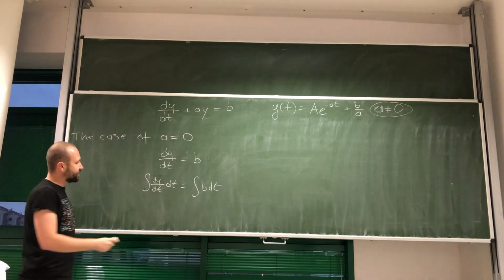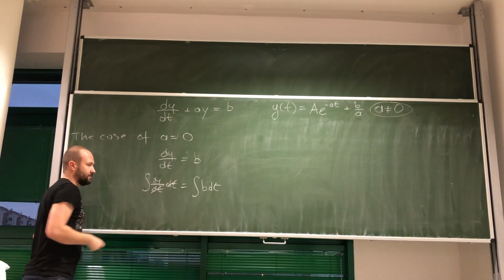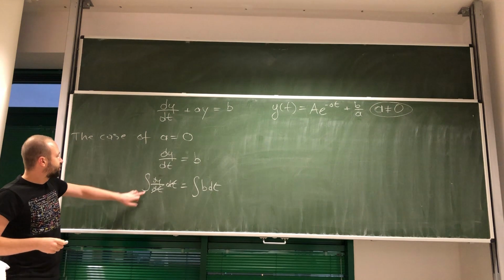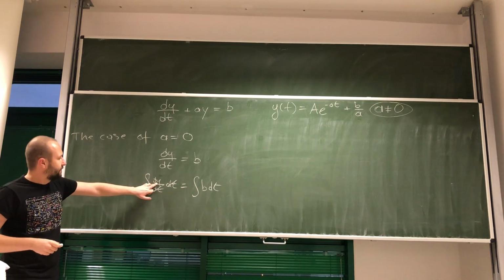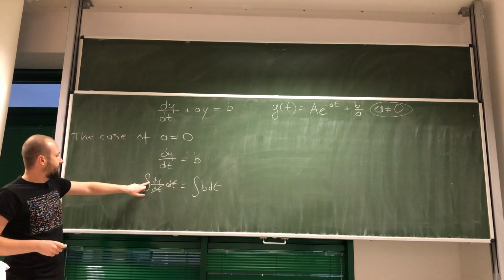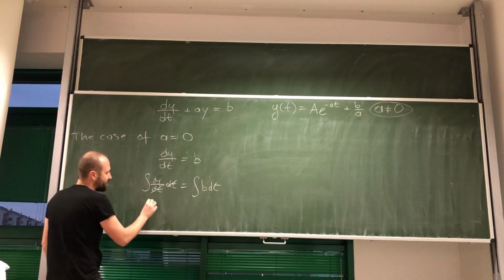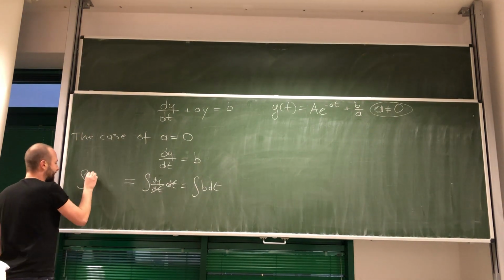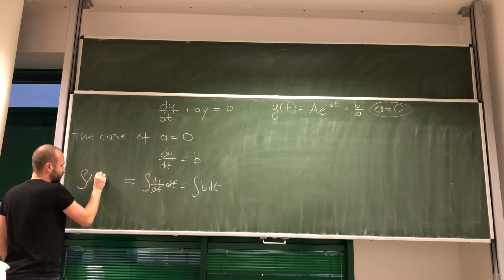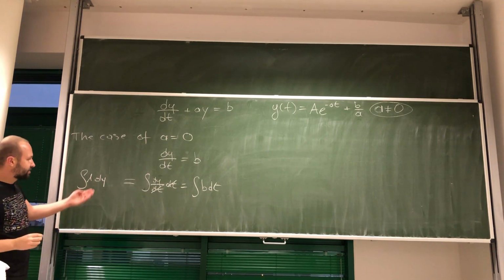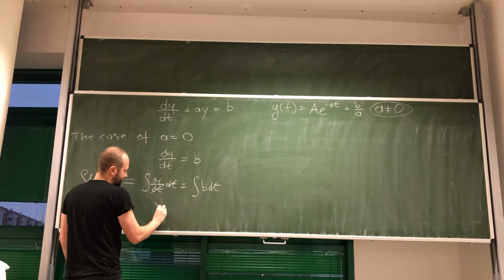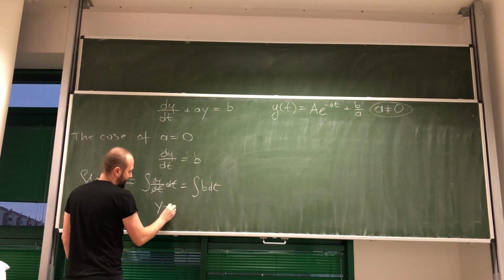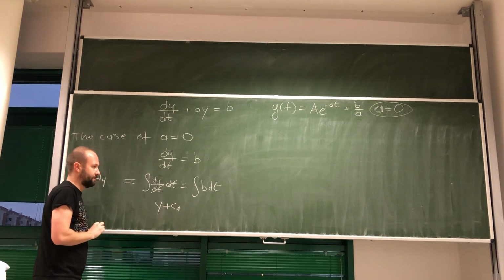Here those dt's are canceling each other out, so we've just got dy. Integrating, you can think about it as having 1 in front of dy, so the integral of this is going to be y plus some c1.